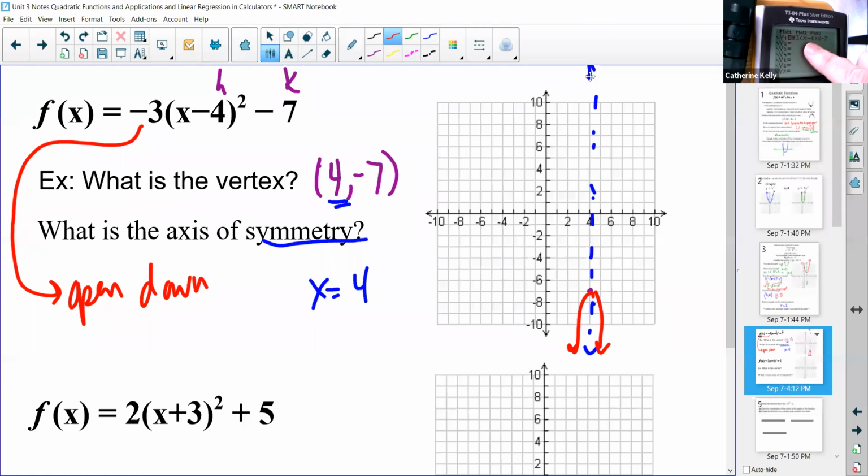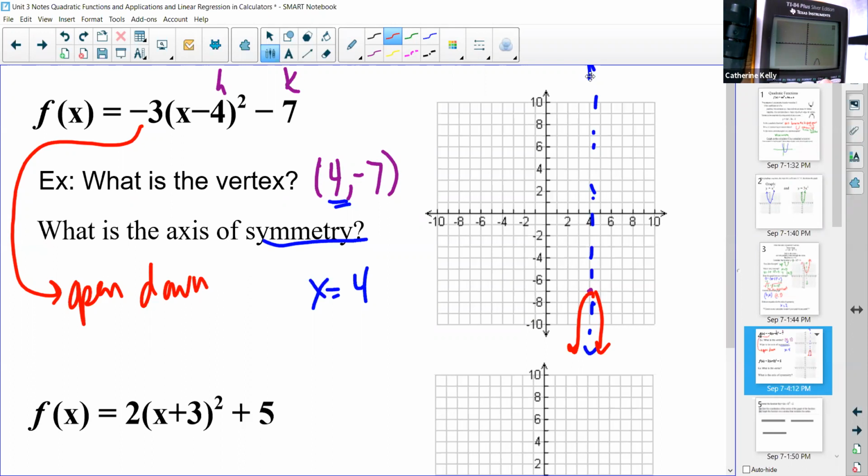Found where I went wrong. See in my calculator, I have the x there. I'm going to change that to squared. I put an x instead of a square. Let's see if that worked. There we go. So let's see if our vertex is 4, -7.